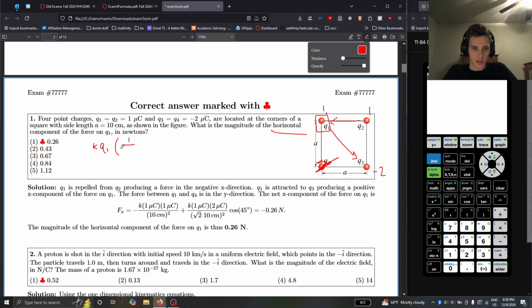The side length is 10 centimeters, so 0.1 squared. And then we subtract this here. 2 is the charge, and the distance here is going to be the square root of 0.1 squared plus 0.1 squared, Pythagorean theorem.